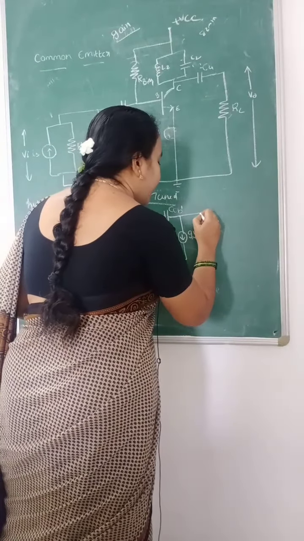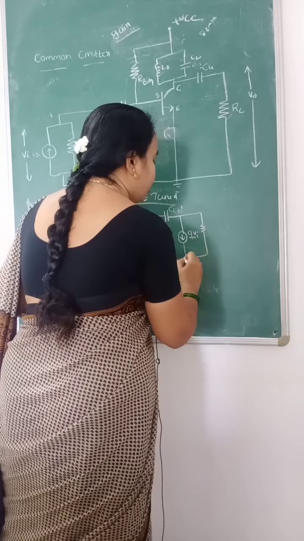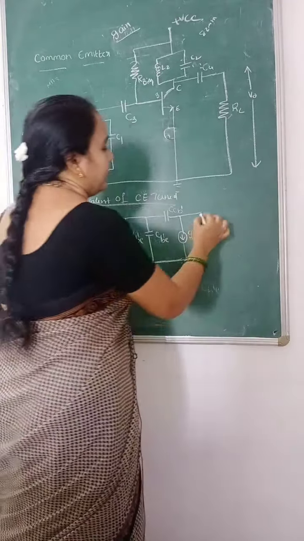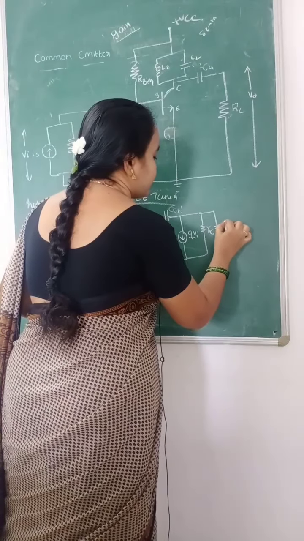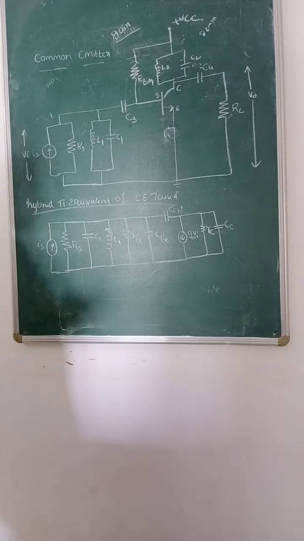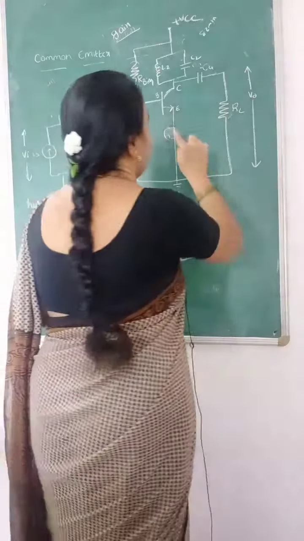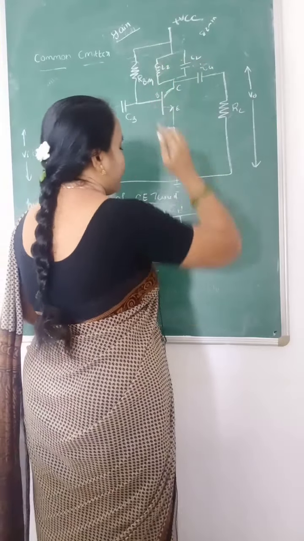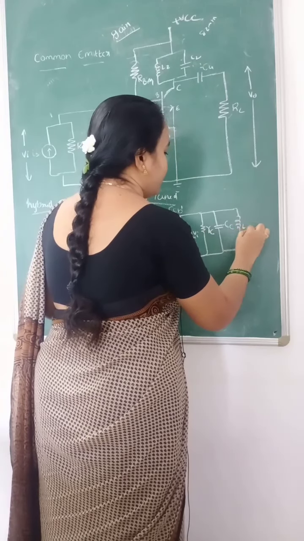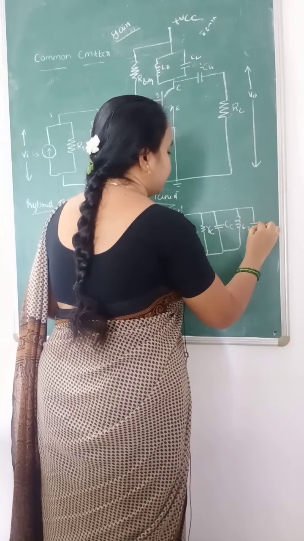So here we will have the output resistance, that is RC, resistance across the collector, and the output capacitance called CC, that is the capacitance across the collector region. And we will have the inductor and capacitor, that is the tank circuit, which is L2 and C2.